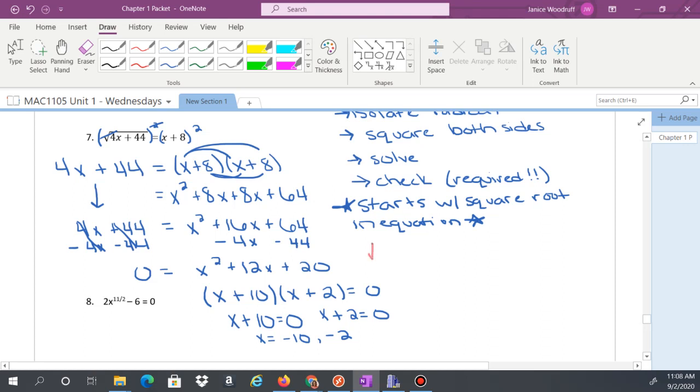I go square root of 4 times negative 10 plus 44 equals negative 10 plus 8. So 4 times negative 10 is negative 40 plus 44. That's going to give me square root of 4 equals negative 2. Is that true?